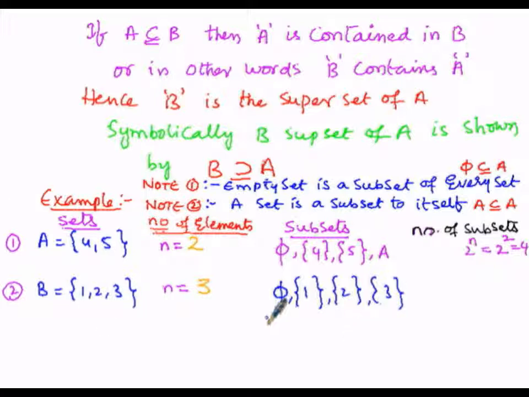Then now let us take two elements at a time. So {1, 2}, the set consisting of 2 elements, these 2 elements are also present in this particular set B as 1, 2, 3.